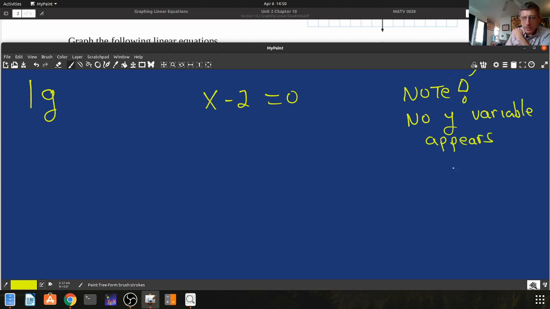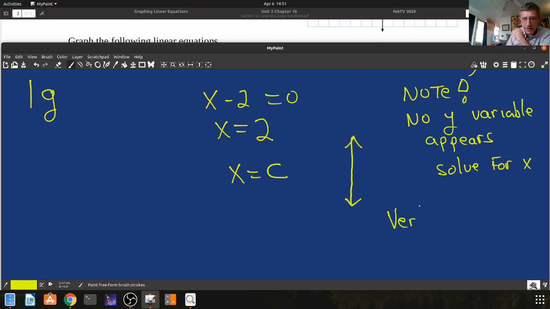So that means let's solve for x. So let's add 2 to each side. And that gives me x is equal to 2. But we learned if x is equal to some constant c, then the graph is going to be a graph of a vertical line. So this is the graph of a vertical line.